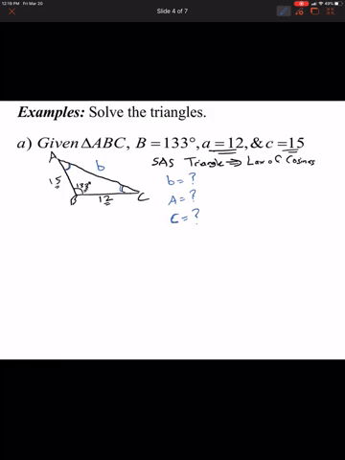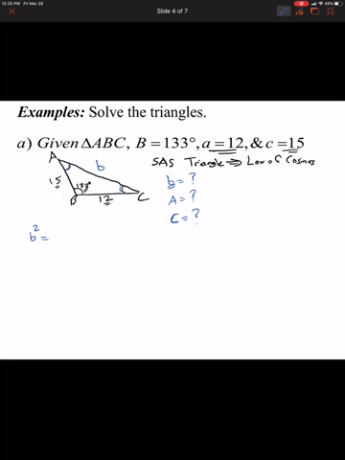All right, let's go find side B. So let's find this side. Here's where law of cosines comes into play. Law of cosines states you can pick a side, any side. So I'll pick side B as I'm trying to find B. The square of that side always equals the sum of the squares of the other two sides.